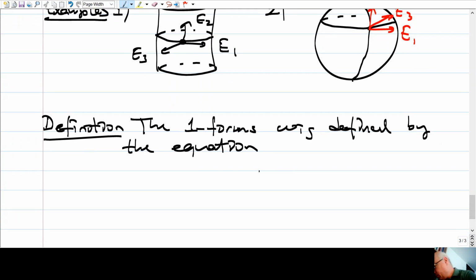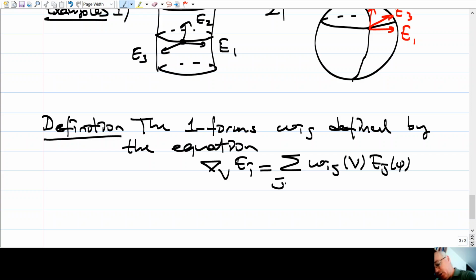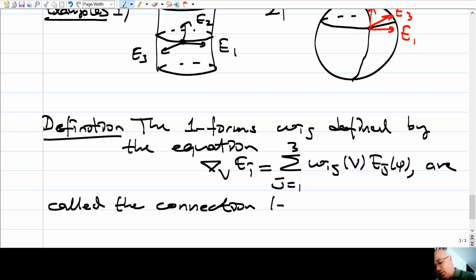Remember, what was the equation? The covariant derivative of ei along any vector v is the sum from j equals 1 to 3 of omega ij(v) ej at p. These are called the connection one forms on M.